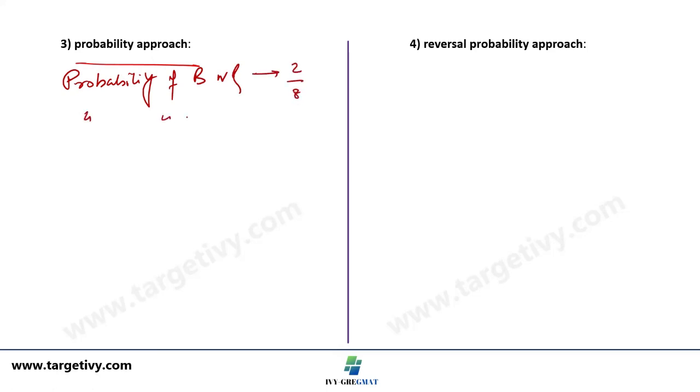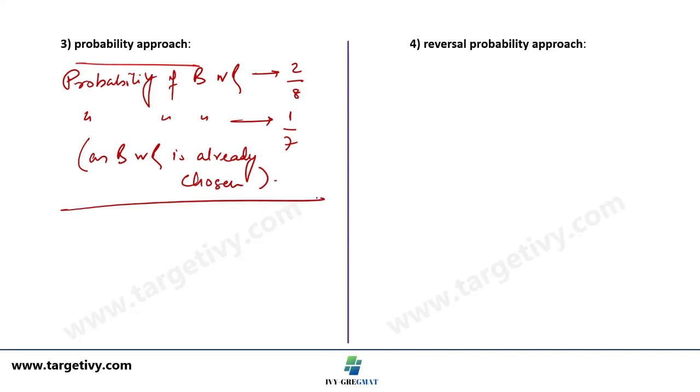The probability of B or R in the second choice is 1 by 7, because if either one of them is chosen, B or R is already chosen.